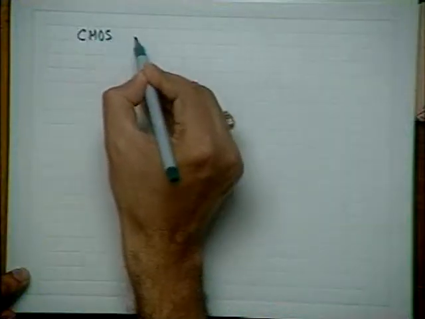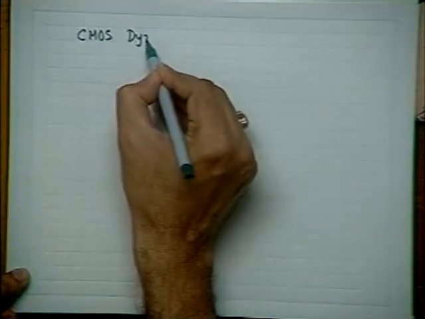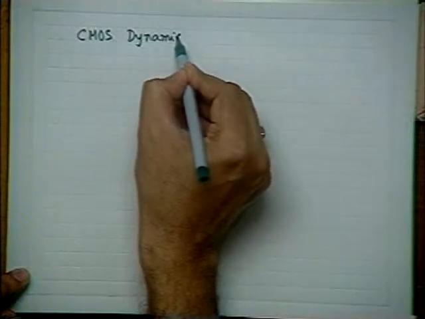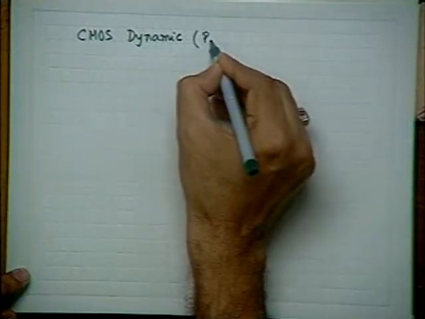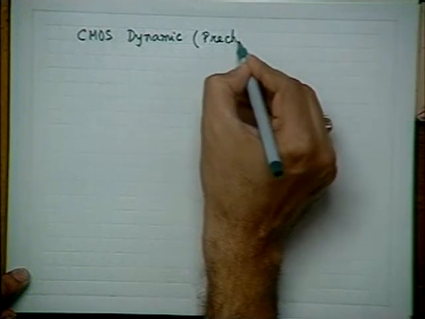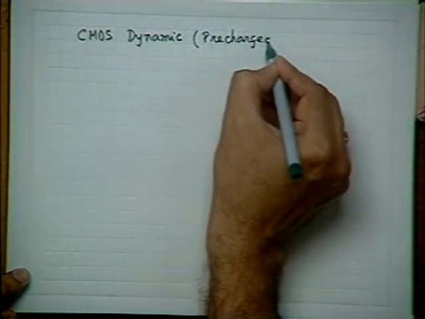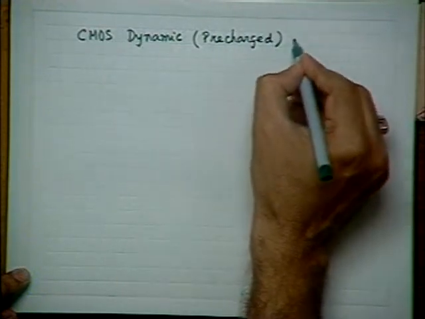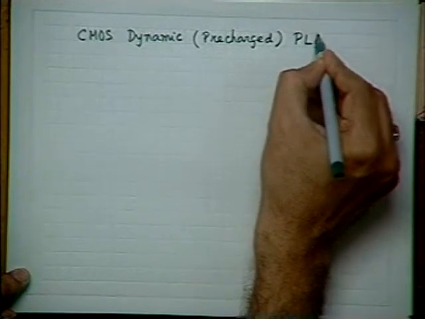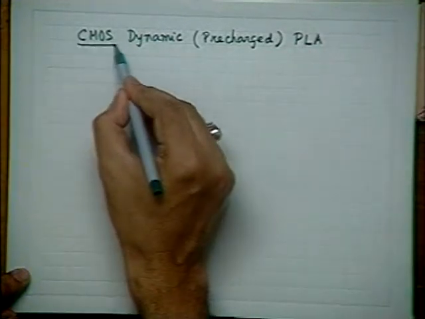So naturally, people prefer to go for dynamic operation, dynamic CMOS, the dynamic precharged PLA. This is very popular today.